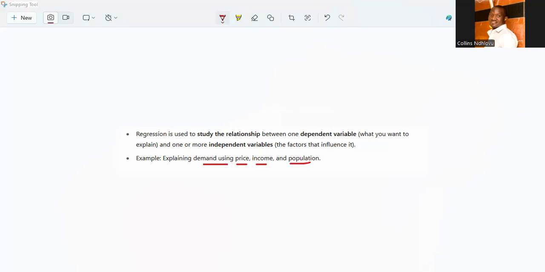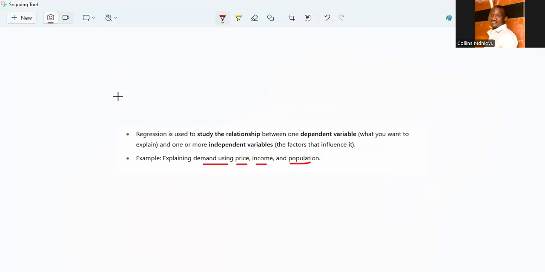It has a table which you usually produce under SPSS. Those tables are important parts in interpreting the regression. Like I said, we have what we call the coefficient. The coefficient is what? The constant part.